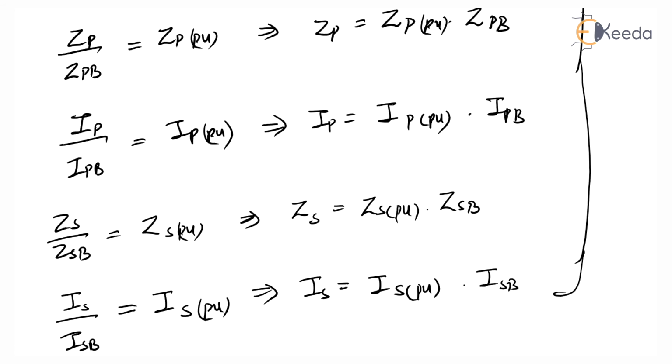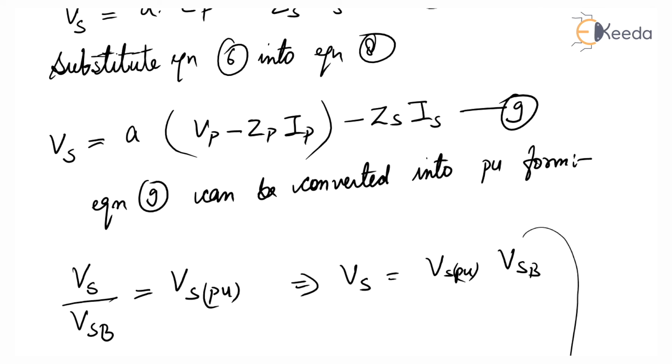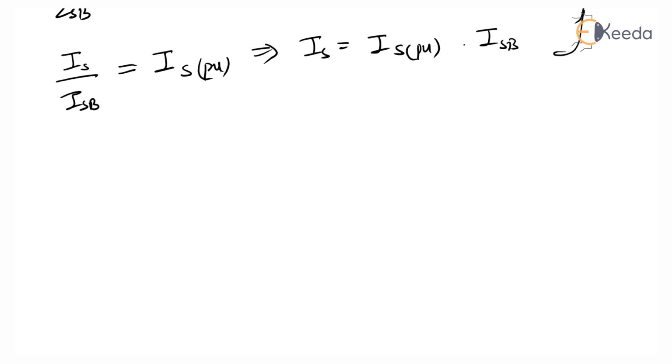So put all these terms into equation number 9, so equation number 9 can be converted into the per unit system.